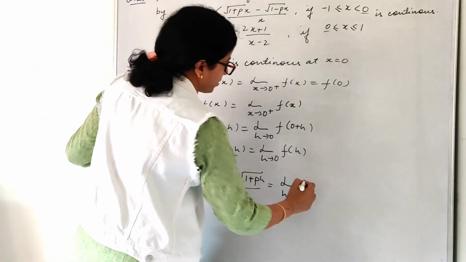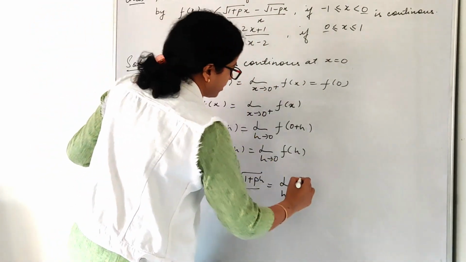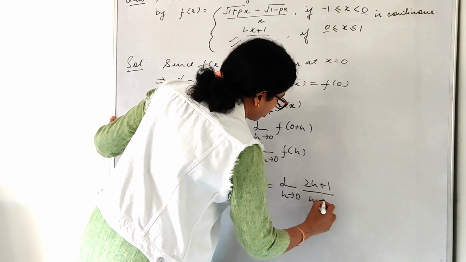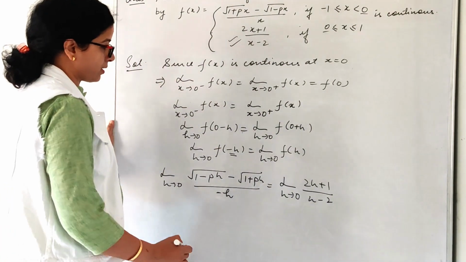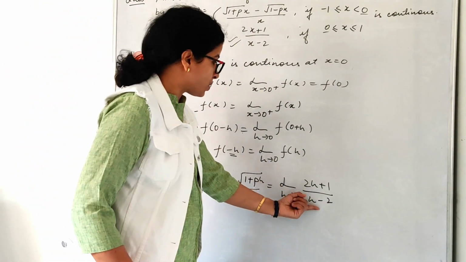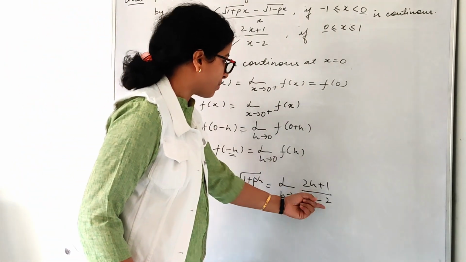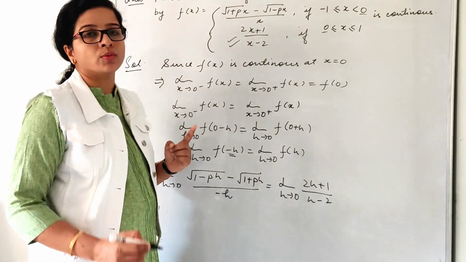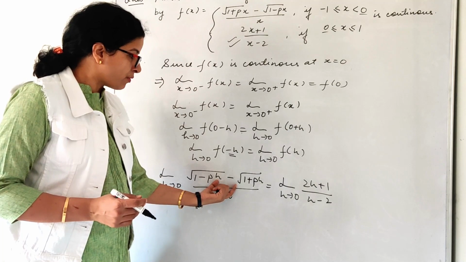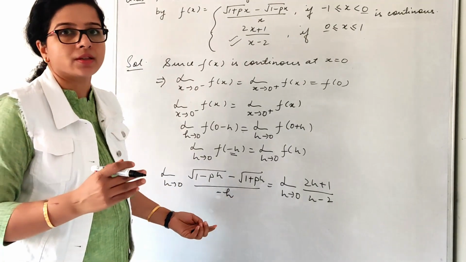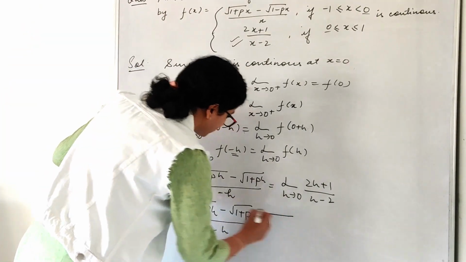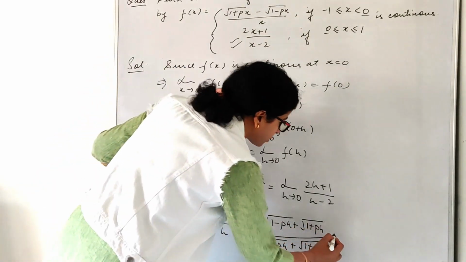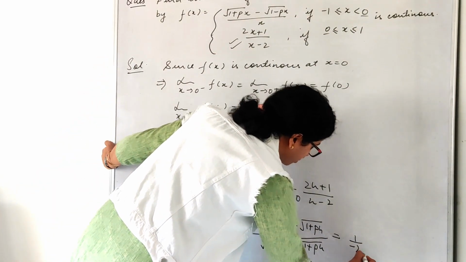Now f(h) is this function, so (2h plus 1) upon (h minus 2), right? So here you can directly substitute the value 0. So you will get minus 1 by 2. But here if I substitute the value, I am getting 0 upon 0 form. So always remember, when you have this type of function, you will rationalize it. Multiply by the conjugate of the irrational part, equals 1 upon minus 2.